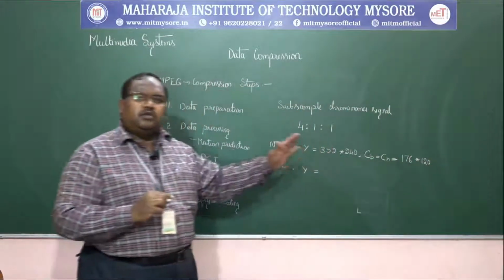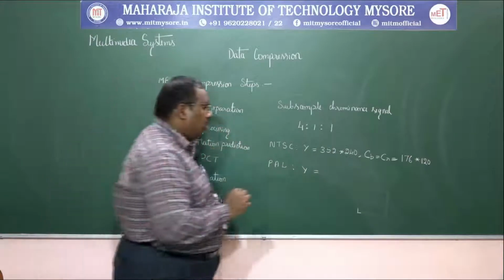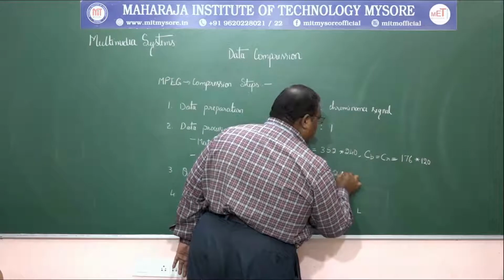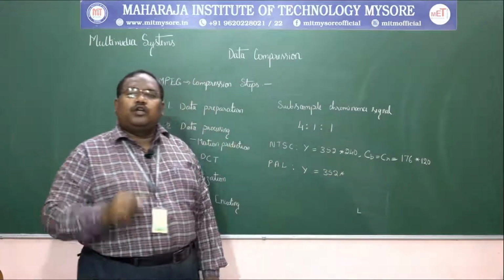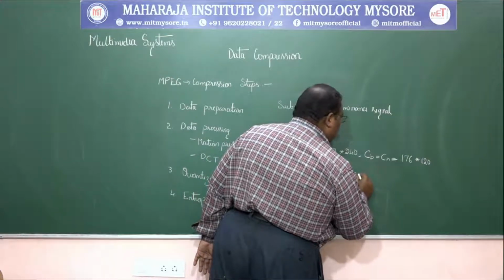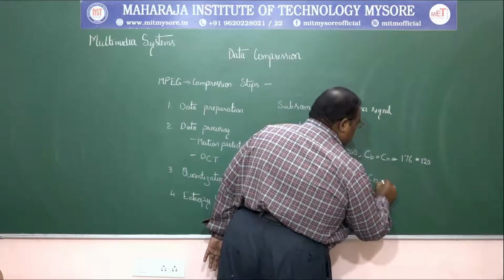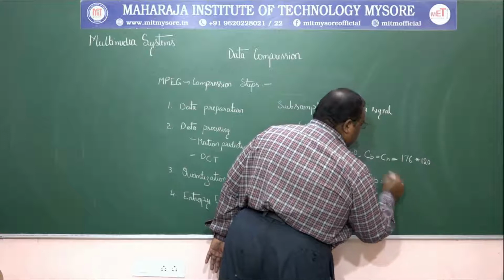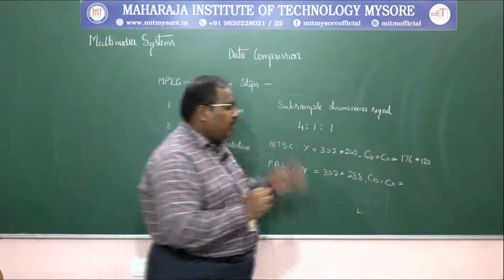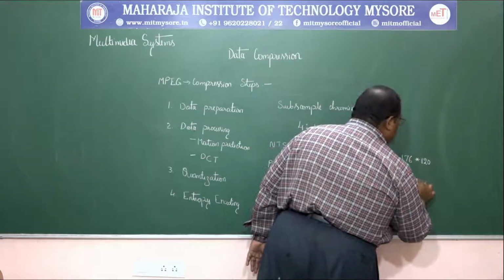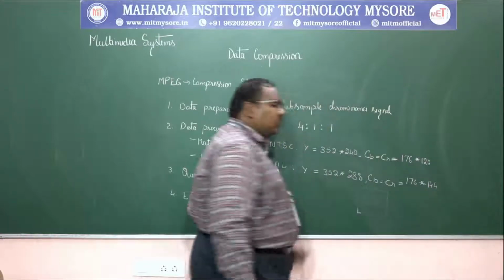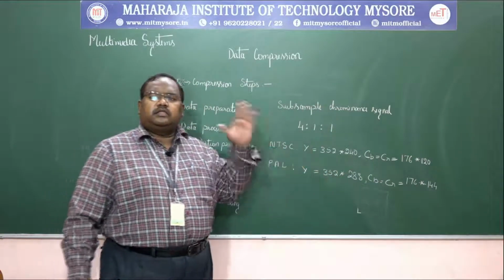We'll discuss what those are. Next, with respect to PAL, we have 352 into 288, and CB CR is equal to 176 into 144. So what are these?